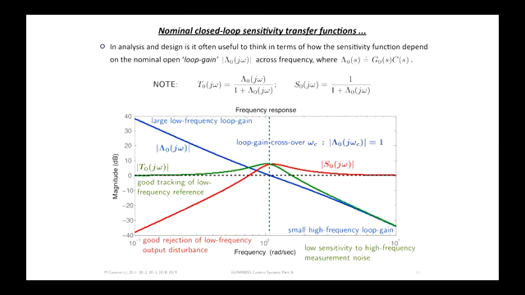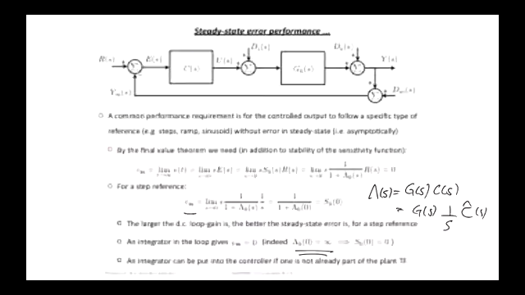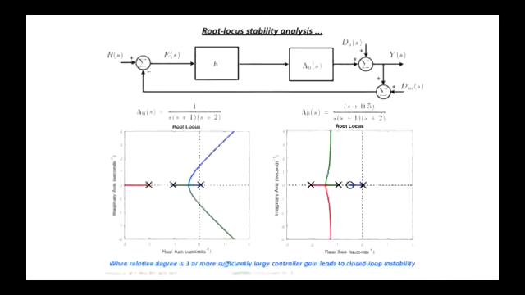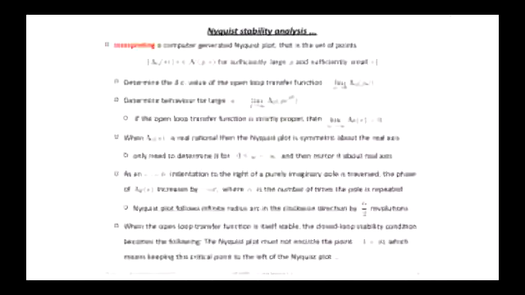Crossover frequencies are where the magnitude of the open loop transfer function is equal to 1. So it's not big and it's not small, it's 1. So the Nyquist plot is going to be a useful tool in terms of understanding what happens around crossover by just looking at how close the Nyquist plot gets to the critical point minus 1. So that's what this is about, if we can get there.